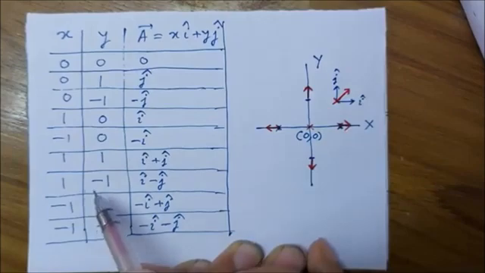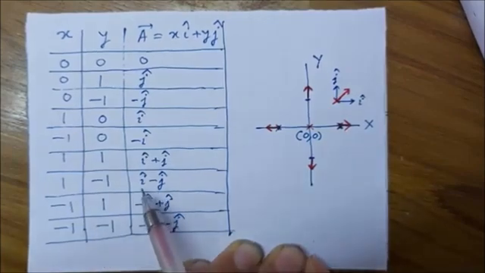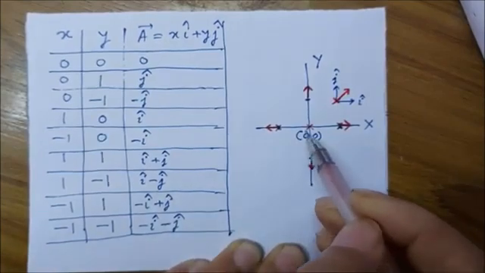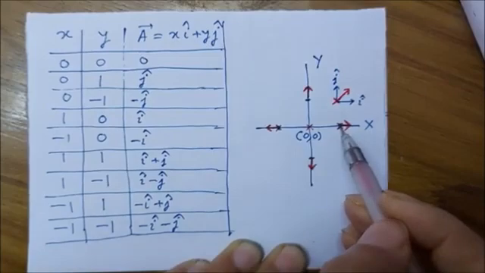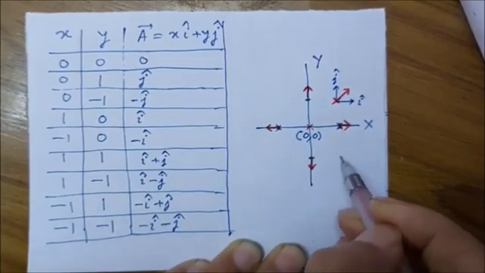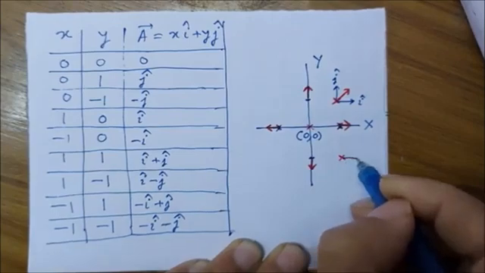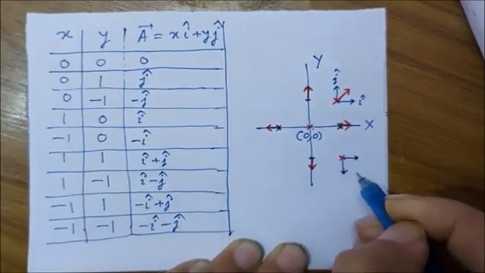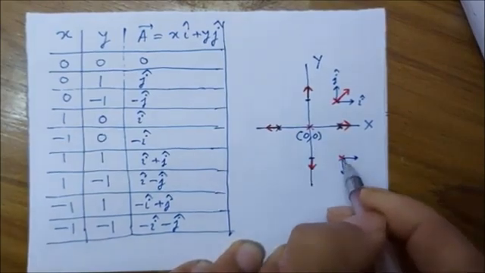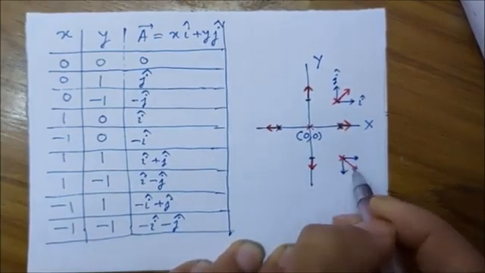At (1, -1), where vector A is i cap minus j cap, we are here, x is 1, y is minus 1. This is i cap and this is minus j cap, so the resultant is in this direction.